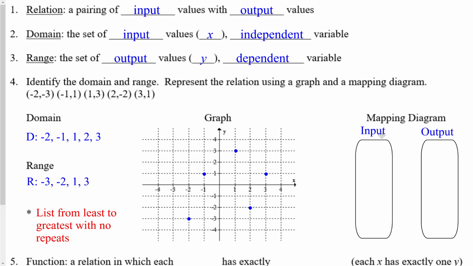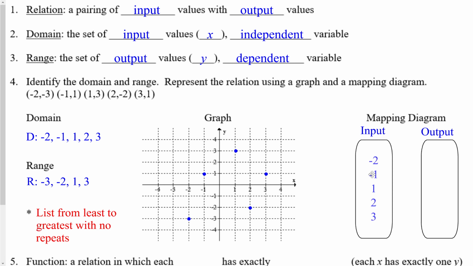So you're going to have 2 columns, 2 lists, one of them labeled input on the left, output labeled on the right. Then within the input and the output, you're going to list your domain under the input and your range under the output. And when you make this list, it's the same idea as what we wrote earlier. You want to use all those values without any repeats, and generally it helps people stay more organized when you list them from least to greatest.